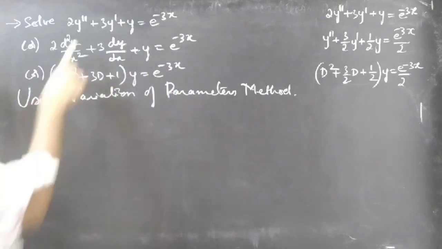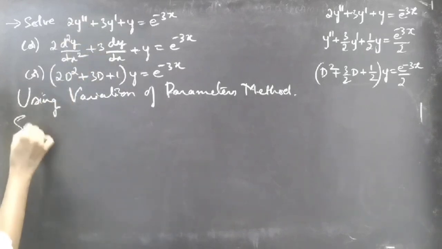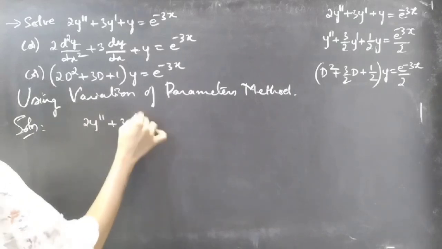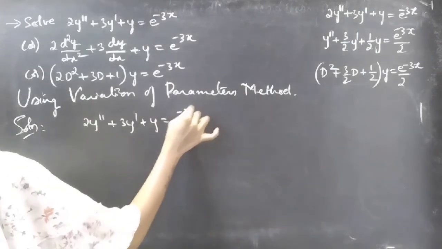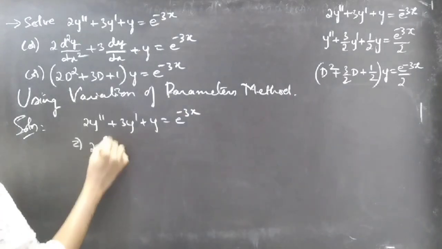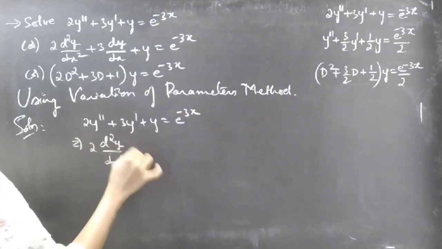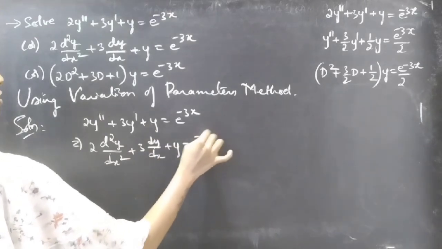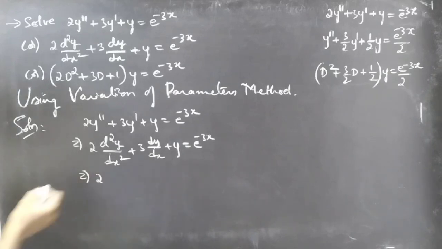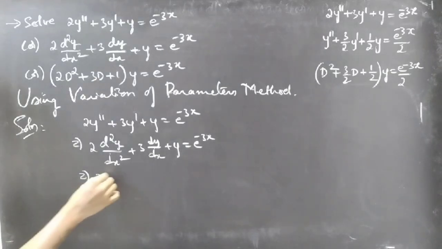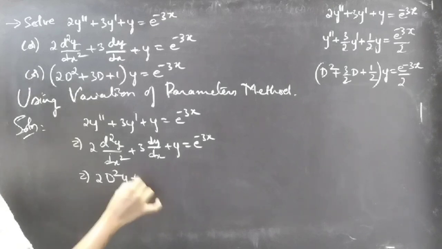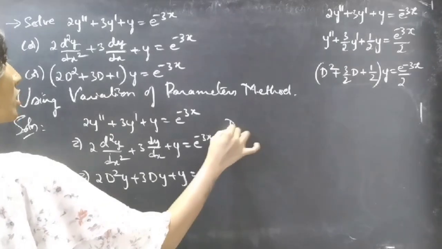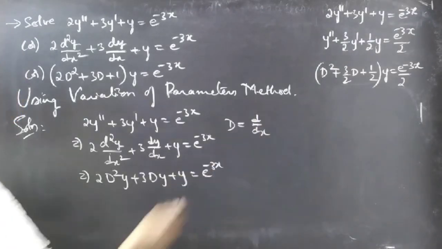So we are given a differential equation of order 2. We are given 2y'' + 3y' + y = e^(-3x), or we can write this as 2 d²y/dx² + 3 dy/dx + y = e^(-3x), or we can use the differential operator D and write the equation as 2D²y + 3Dy + y = e^(-3x), since D = d/dx.